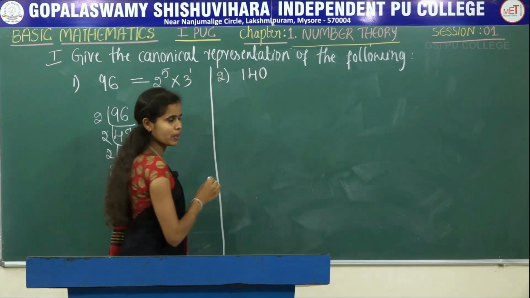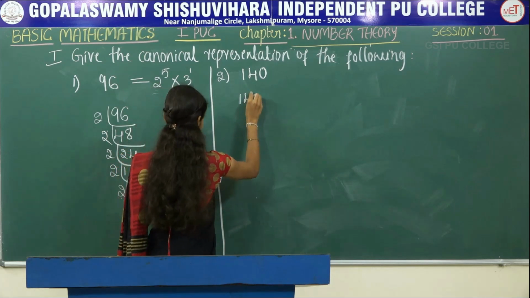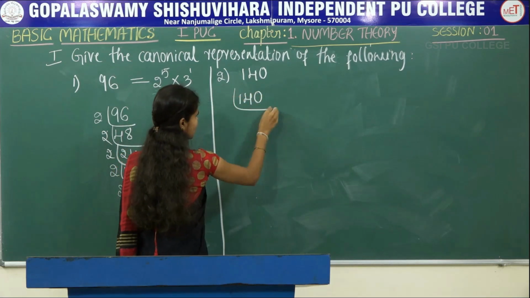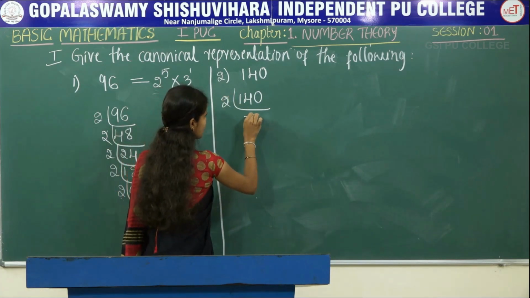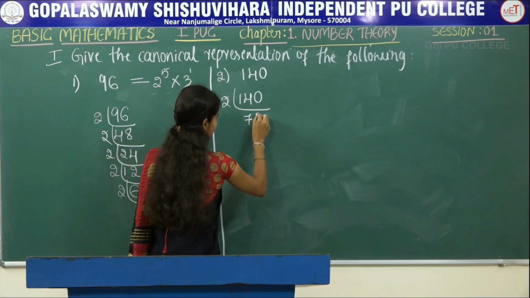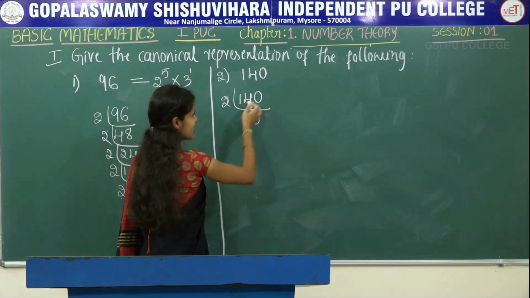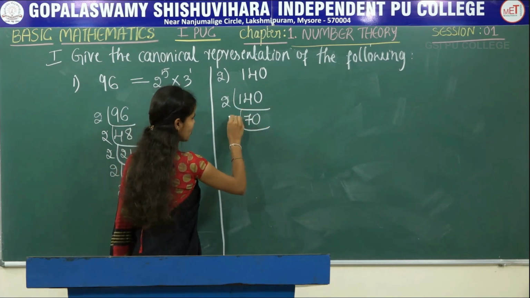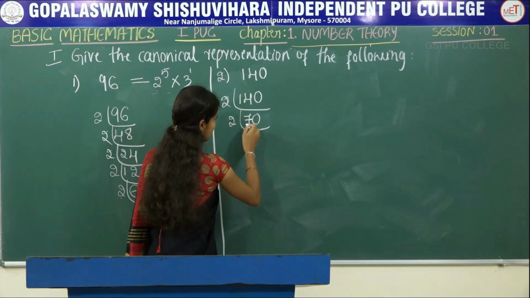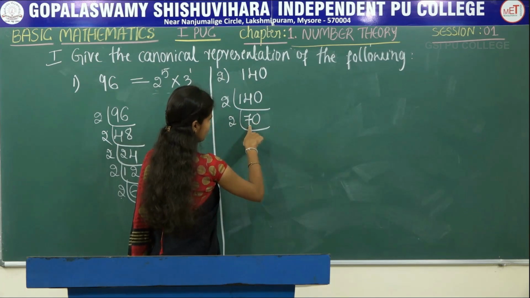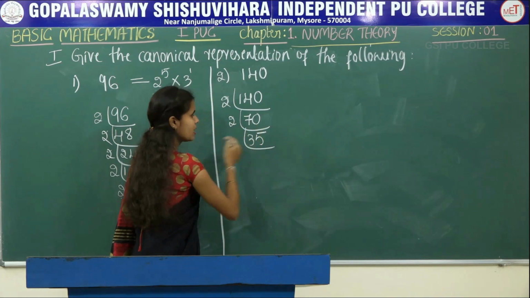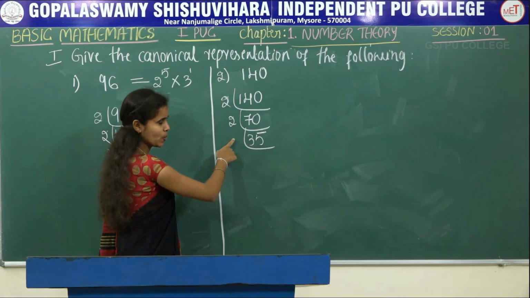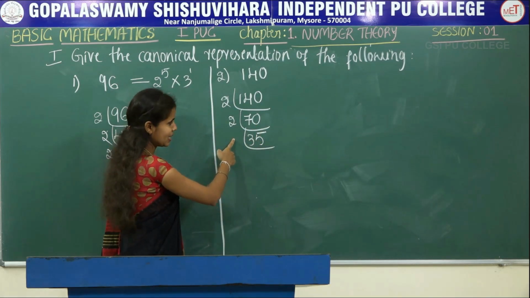Next problem, second one, 140. First divide by 2. It is an even number, so it is exactly divisible by 2. 2 times 70 is 140. Again divide by 2, 2 times 35 is 70. Now 35 is not divisible by 2. Next consider the next prime number 3.